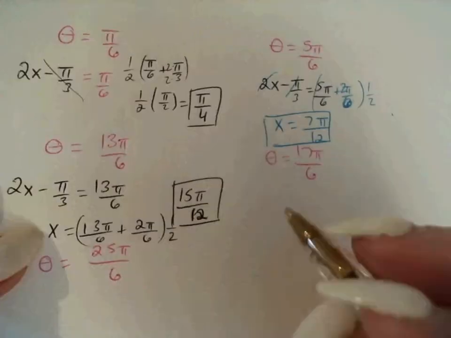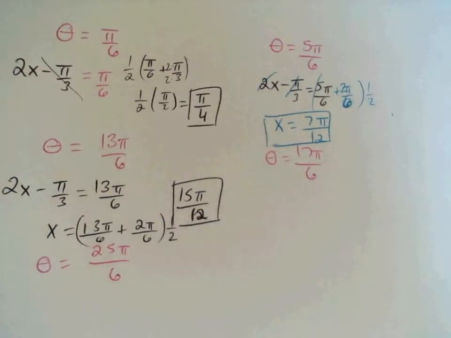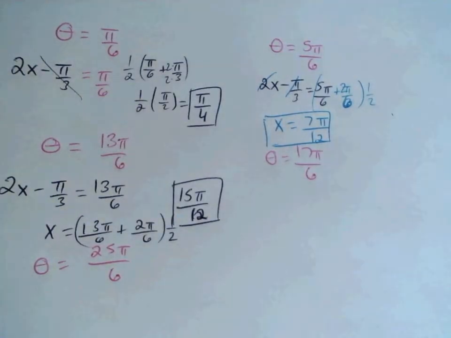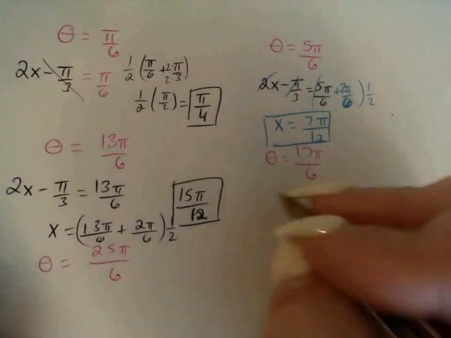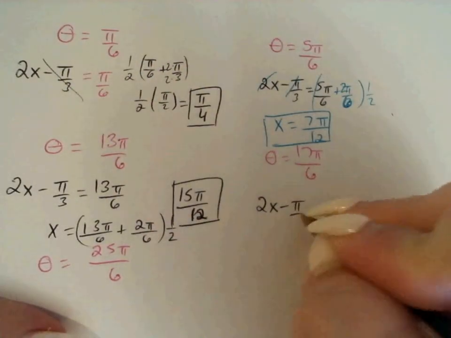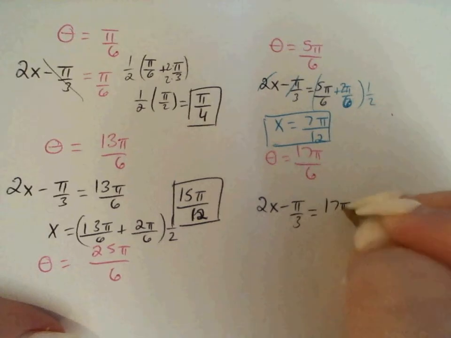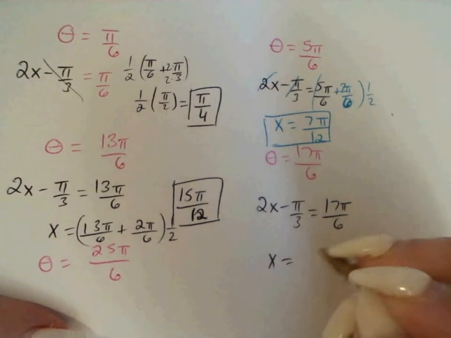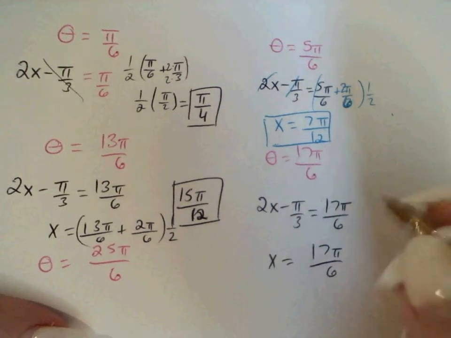Now the reason why I haven't stopped yet is because we're still within one full rotation, 2 pi. 15/12 is just over pi. Okay. 2x minus pi over 3 equals 17 pi over 6.